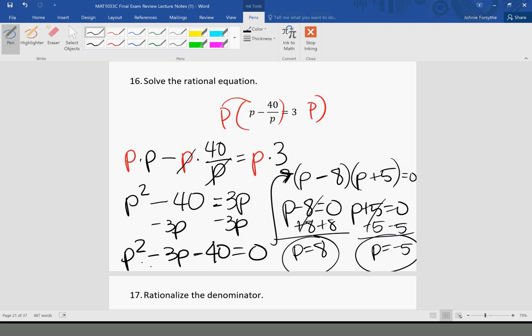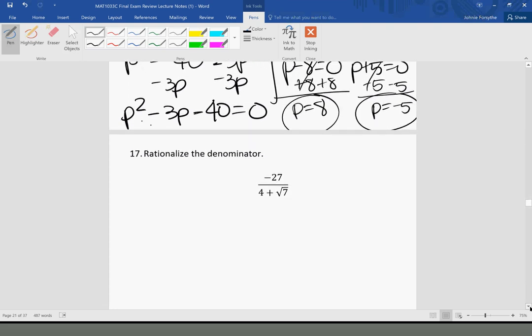That'll be negative 8. So negative 5 minus negative 8 will be negative 5 plus 8, which will give us positive 3. So we have our two correct answers, p equals 8 and p equals negative 5.